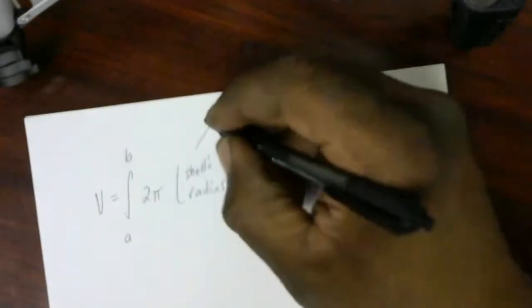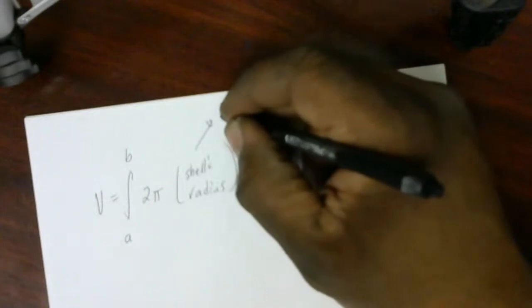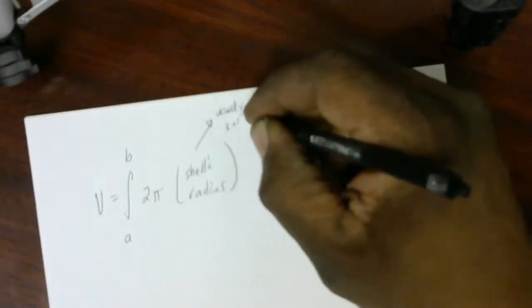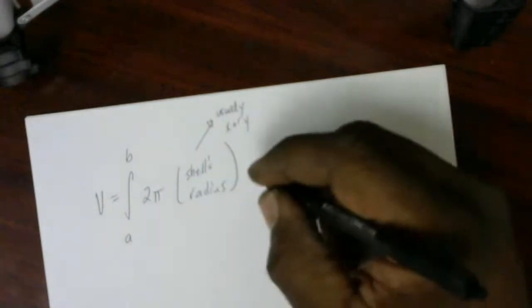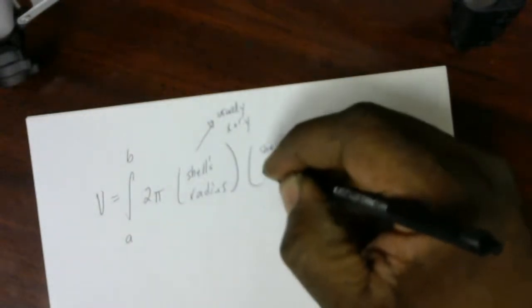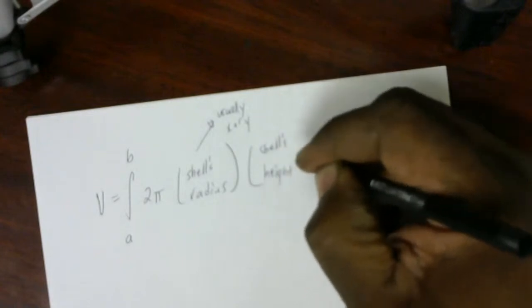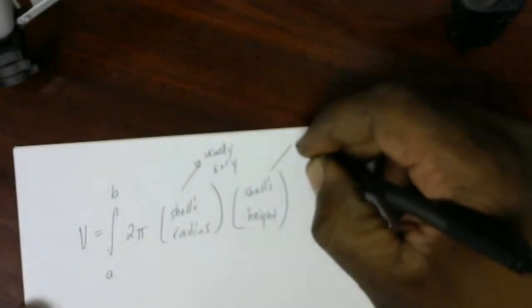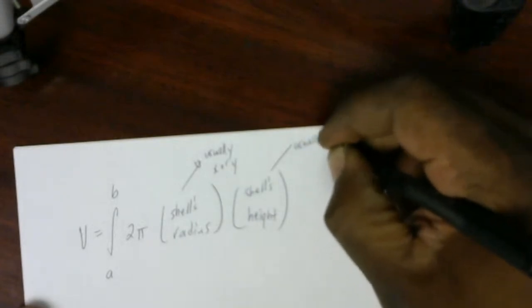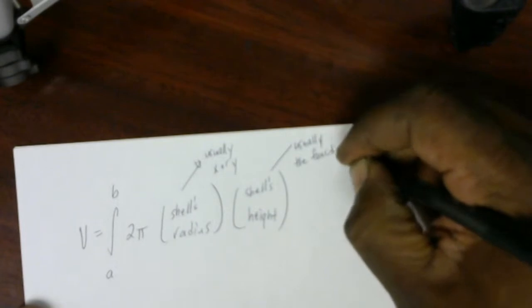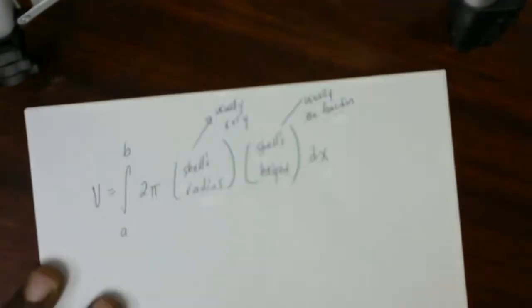The shell's radius is usually x or y. Times the shell's height. And the shell's height is usually the function. And we're looking at dx.